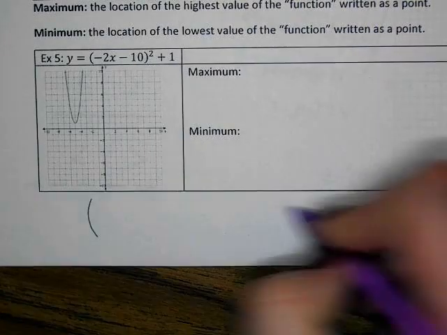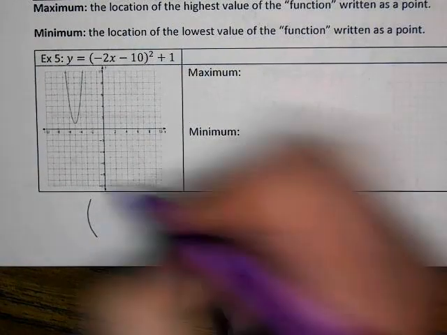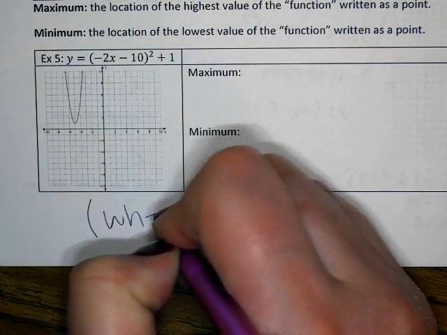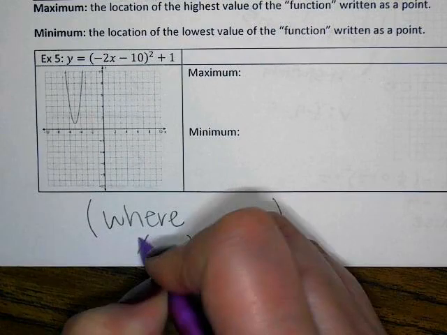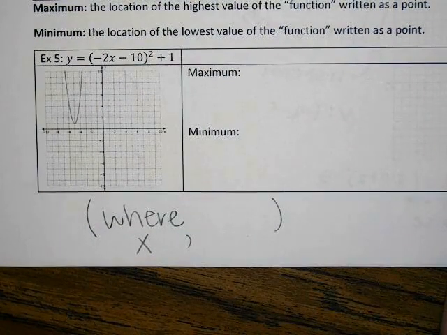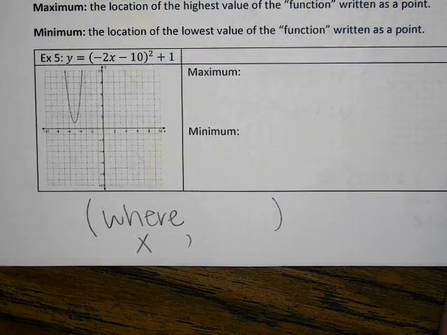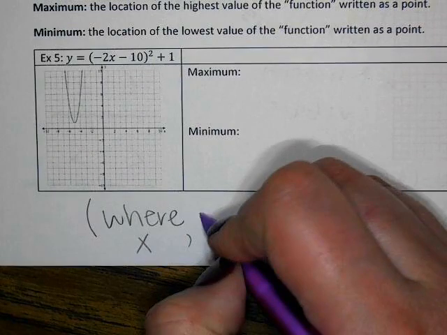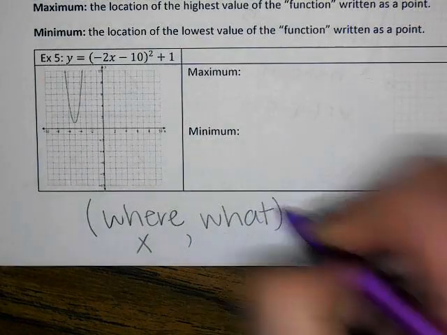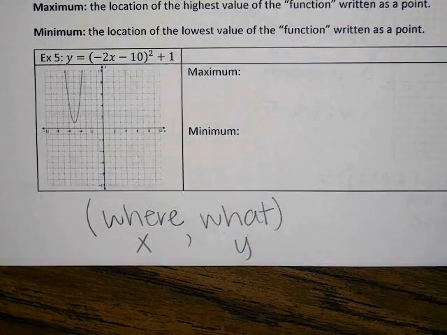If they say where is the maximum or where is the minimum, they want just the x coordinate. If they say what is the maximum or what is the minimum, they want just the y coordinate. But when I write it like this, tell me the maximum, tell me the minimum, then go ahead and just give me the x and the y coordinate together. Okay?